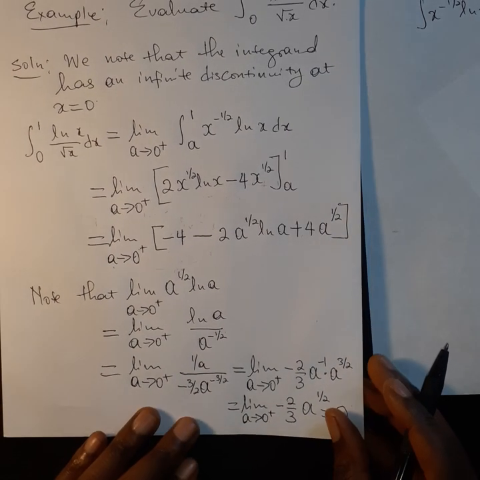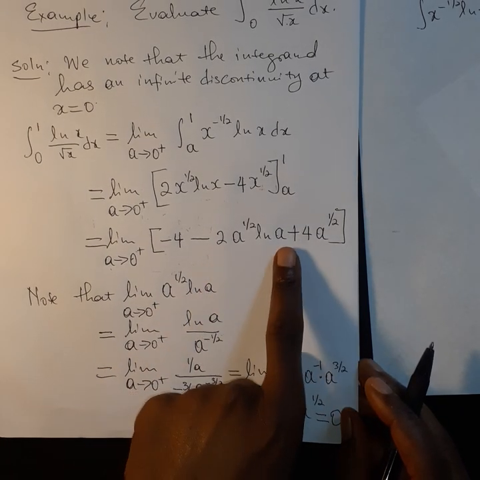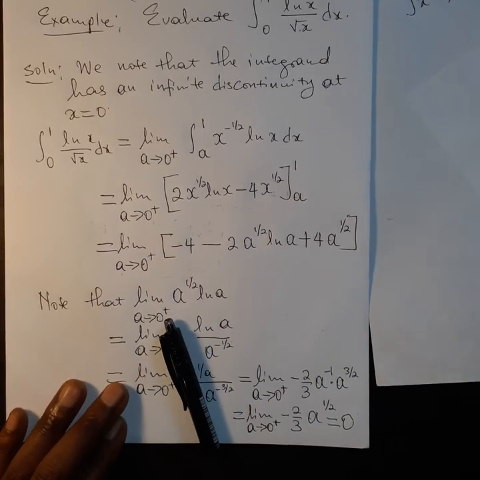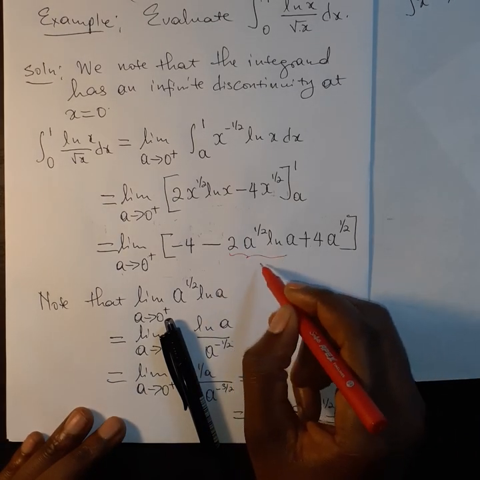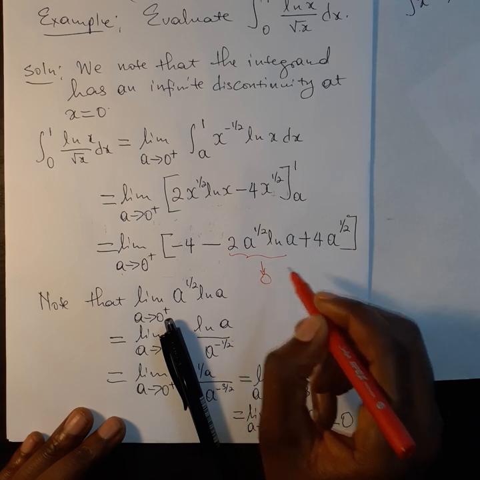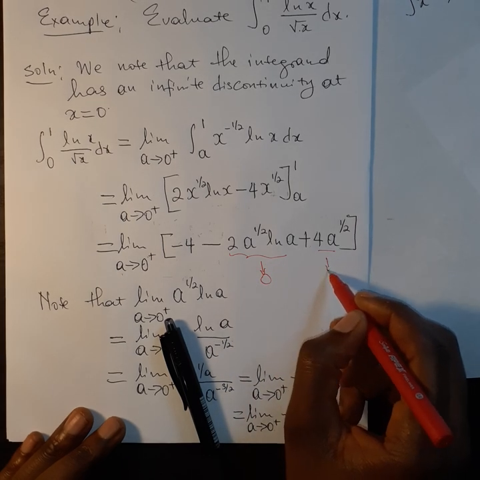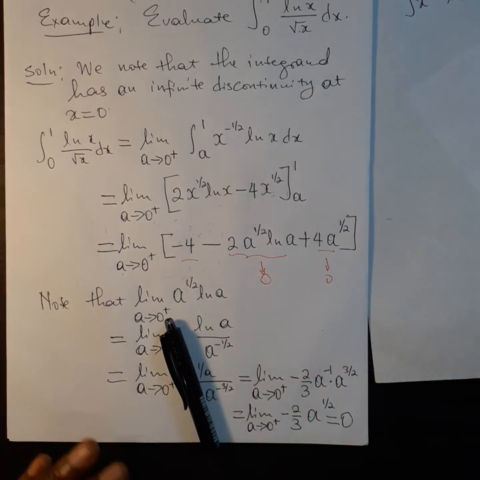So if the whole thing becomes a 0, when we come back here, it means what we are saying is that this limit will give us a 0. This will be a 0. This is also a 0. This is just a minus 4.